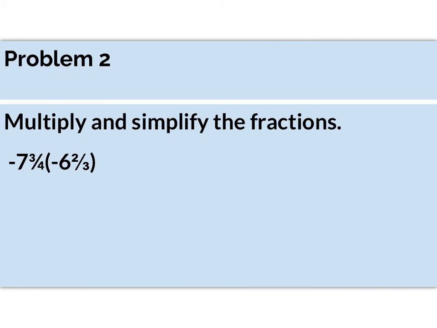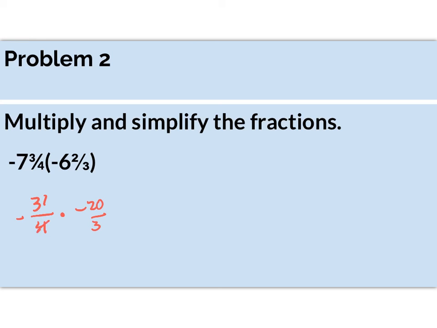Okay, and finally, 7 times 4 is 28, plus 3 is 31/4. 6 times 3 is 18, plus 2 is 20, times negative 20/3. And I am going to cross multiply or factor out. I know that 20 is divisible by 4, and so is 4.